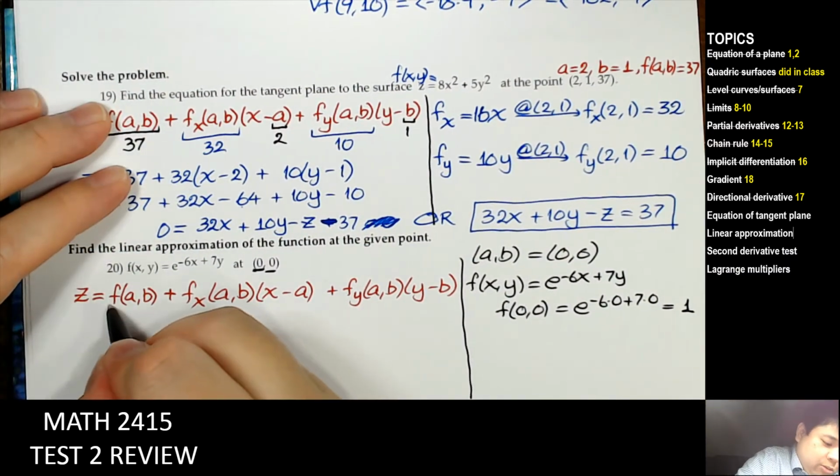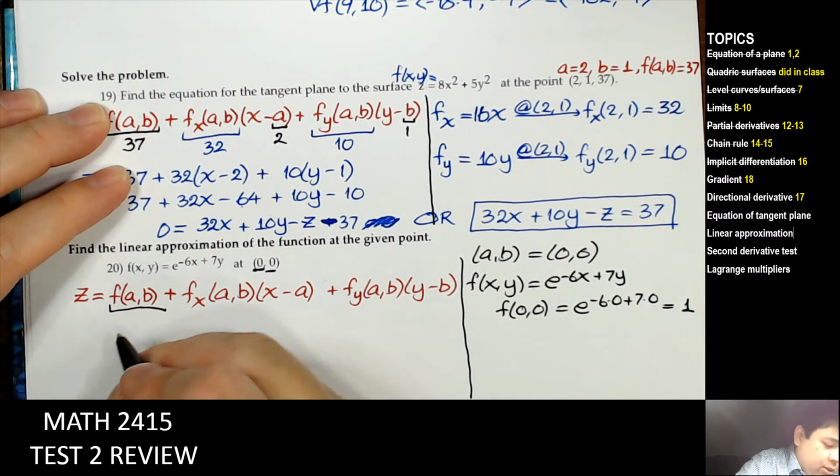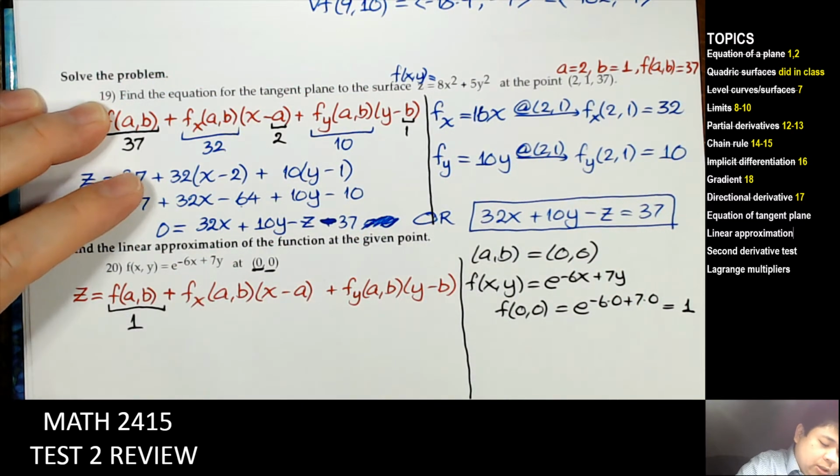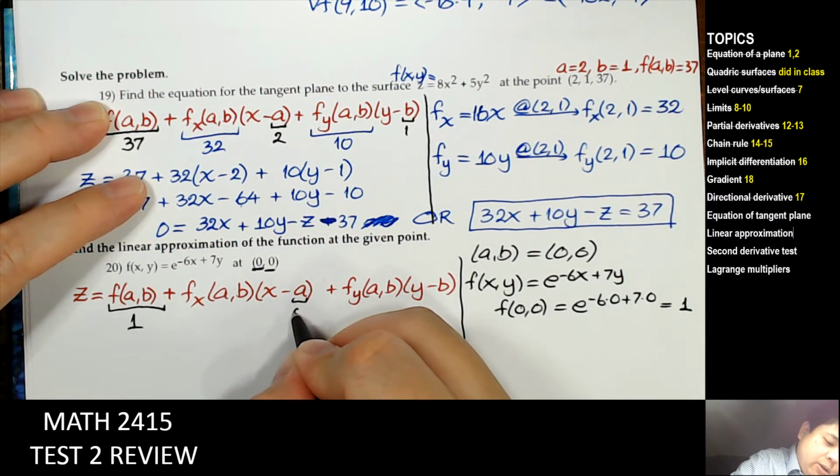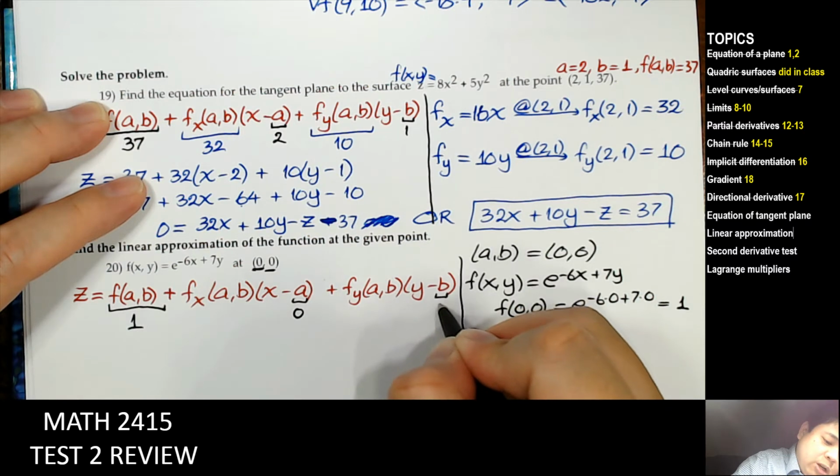So the value of the function is 1. This A is 0, this B is also 0.